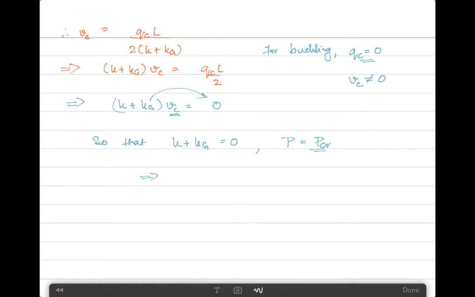We already have the relations for K and KG described before, so we have pi to the power 4 EI by 2L cubed added with pi square P by 2L equal to 0. Therefore, we can say that P is equal to minus, of course you can get rid of the terms over here, this will also come pi square. So P would be equal to minus pi square EI by L square.